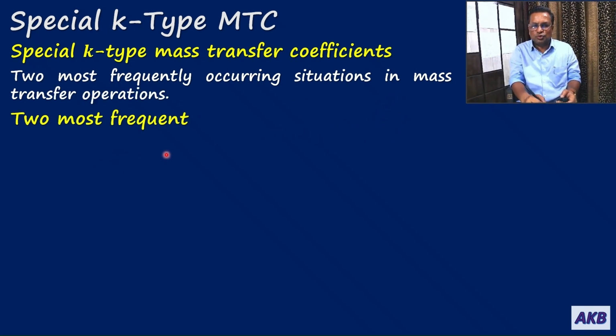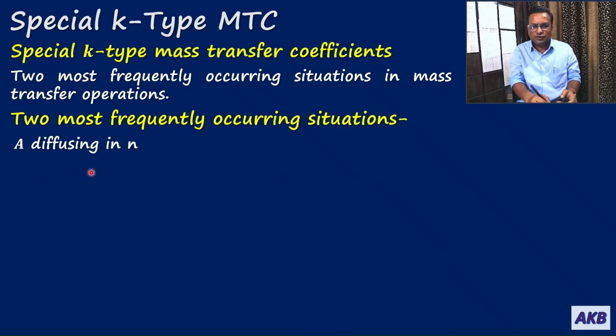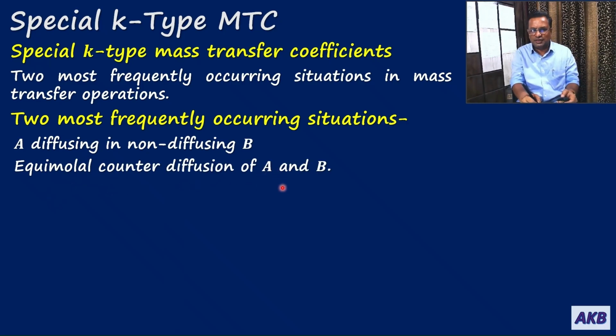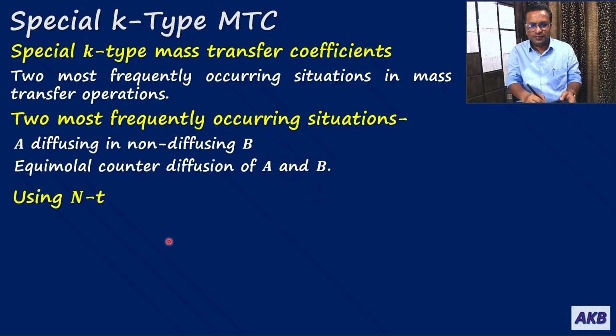Which are these two situations? One is A diffusing in non-diffusing B, and the other one is equimolar counter diffusion of A and B. These two situations occur frequently in mass transfer operations. That's why special K-type mass transfer coefficients are defined for these two situations.